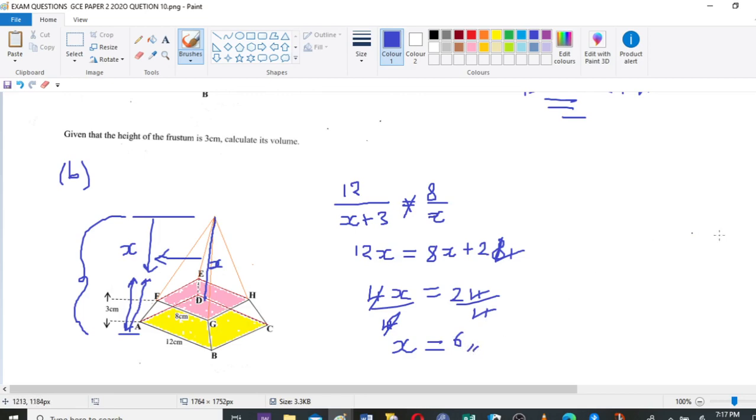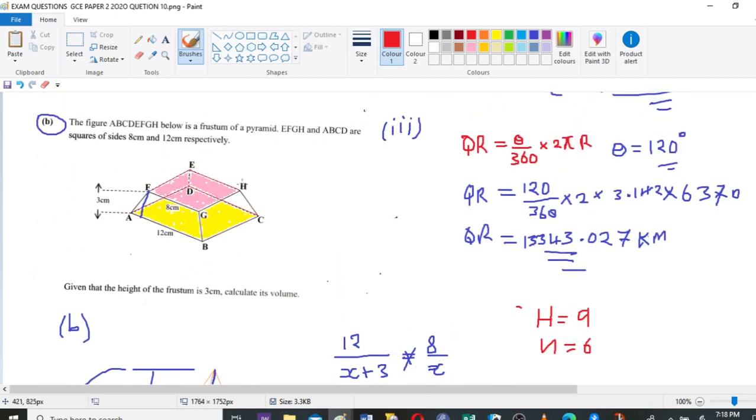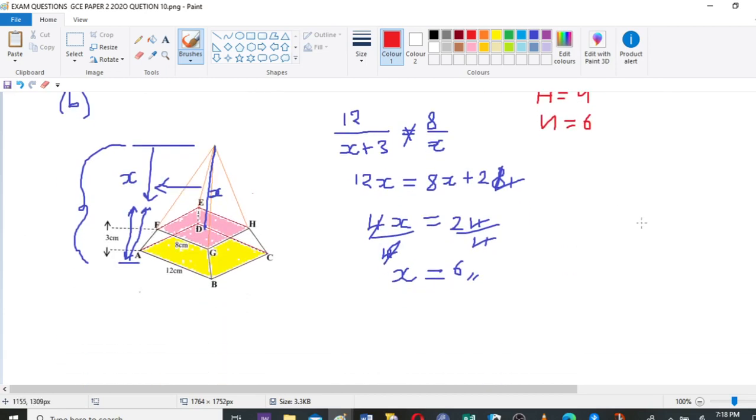Yes. So after finding the value of x to be 6, that implies that the height for the bigger pyramid is 6 plus 3, which gives 9. Then the height for the small pyramid is 6. So to calculate the volume of the frustum, the one which had already been cut, which is this one here, we are going to subtract the smaller pyramid from the larger one.